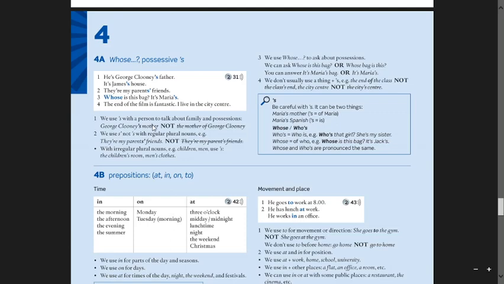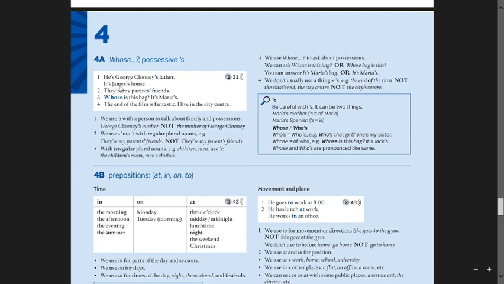For example, George Clooney's father, the father of George Clooney. It's James' house, the house of James. So first we mention the possessor and then the possession.